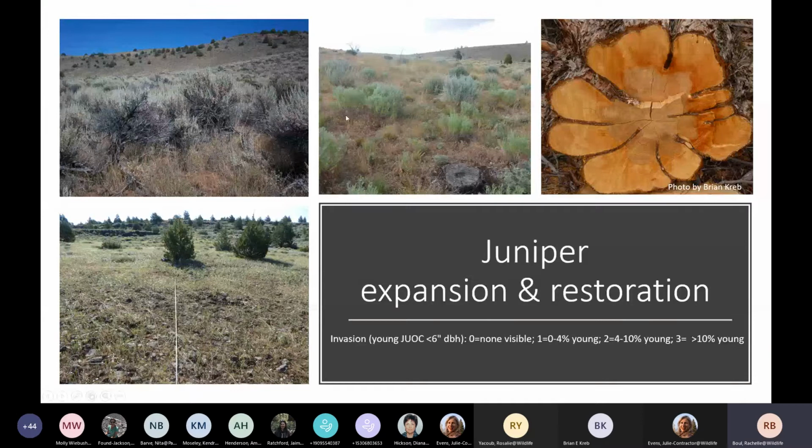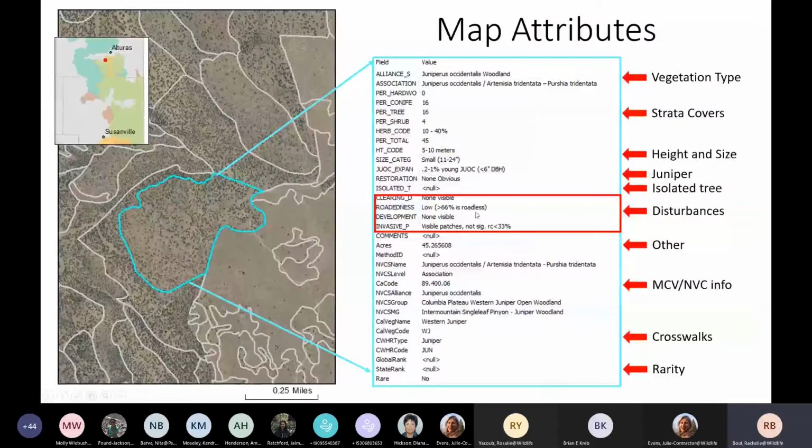I know this is a lot of information. So let's talk a little bit about disturbances, these disturbance attributes. Within each polygon, the presence and severity of disturbance from clearing, rodentness, development, and invasive plant species is noted.